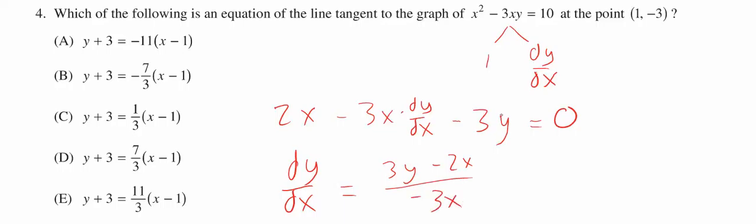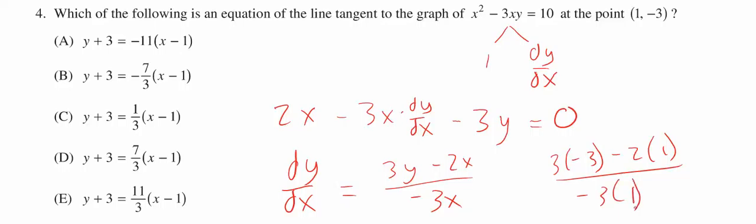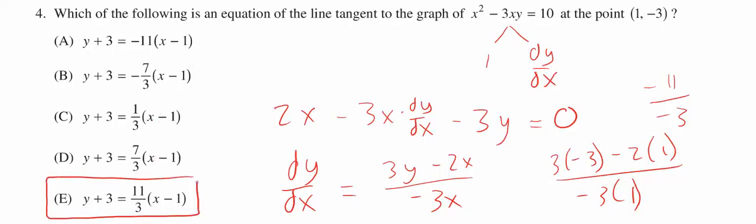And then I can put in the 1 and the negative 3. 3 times negative 3 minus 2 times 1 over negative 3 times 1. So negative 9 minus 2 is negative 11 over negative 3, which would be 11/3. And if I look, the only function with a slope of 11/3 is e. Good little implicit review.